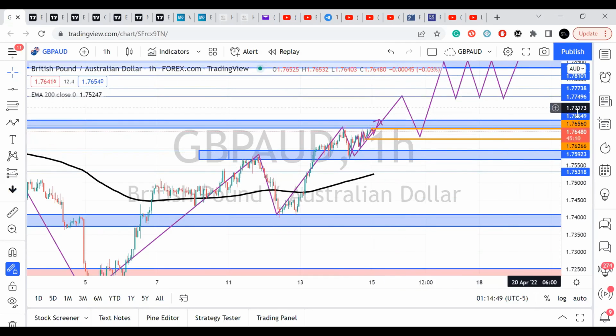So this number is our targeted TP. 774. Let me see now. I'm being safe, so I'm targeting 77,400 for this buy.